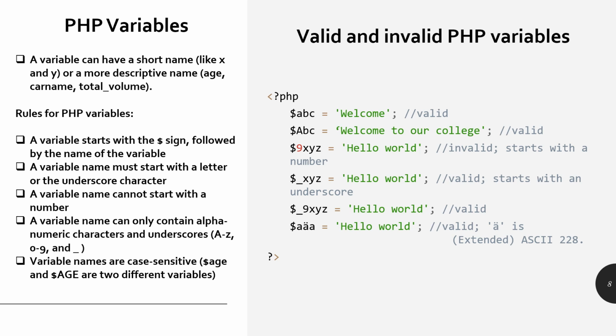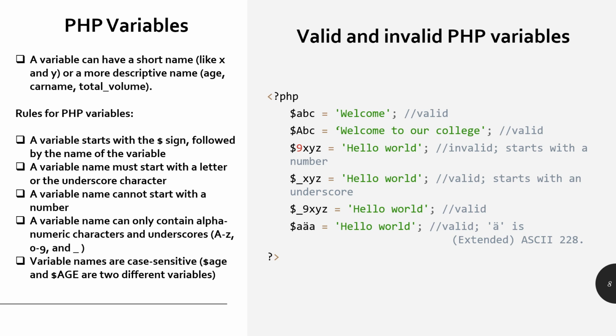Variable rules. A variable starts with the $ sign, that we have already seen, followed by the name of the variable. So again, the rule says it must start with a letter or underscore. That should not start with a number, that is not allowed.